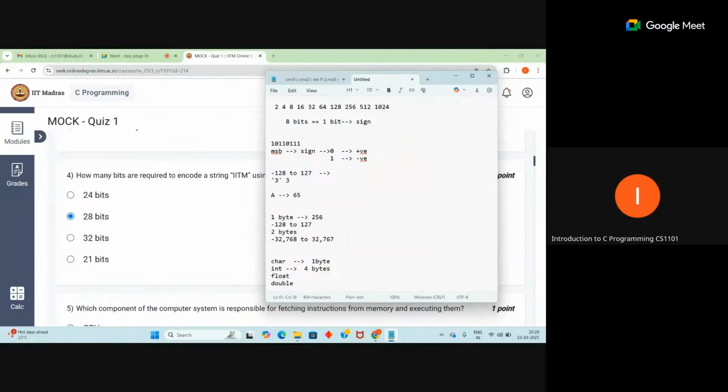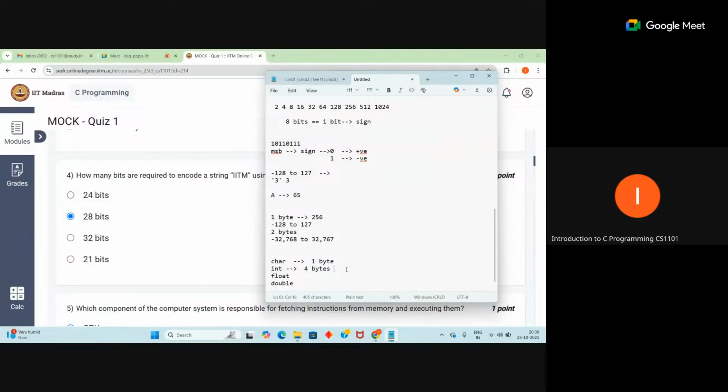That means you can represent a somewhat larger value. If you go for 3 bytes, the range will increase; if you go for 4 bytes, again the range will increase. Based on how much memory we use to represent the data, the range will increase.